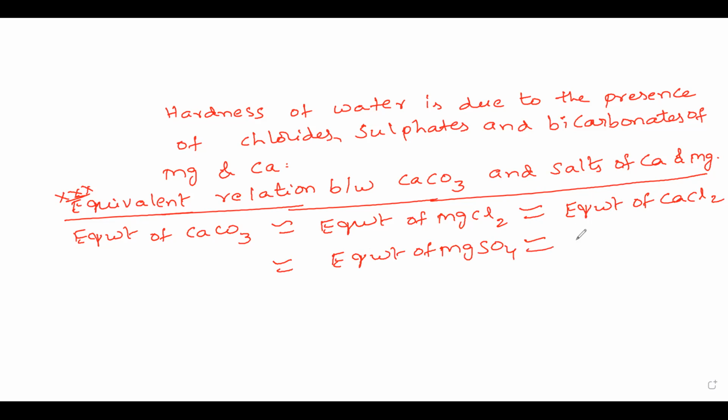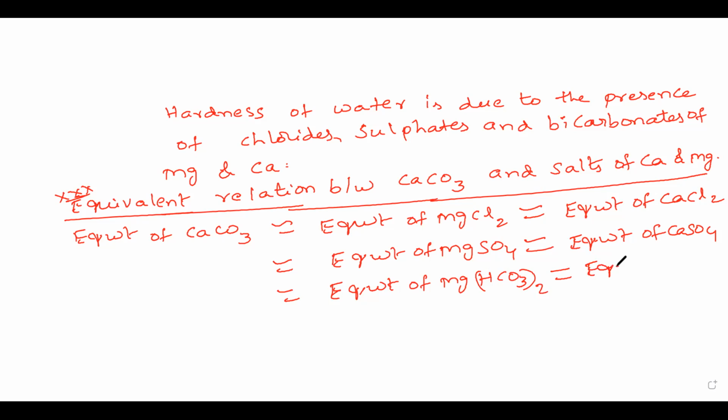We have to equate all these things, in 1 million parts of water: equivalent weight of calcium sulfate, also equivalent to the equivalent weight of magnesium bicarbonate, that is Mg(HCO3)2, also equivalent to the equivalent weight of calcium bicarbonate, that is Ca(HCO3)2.